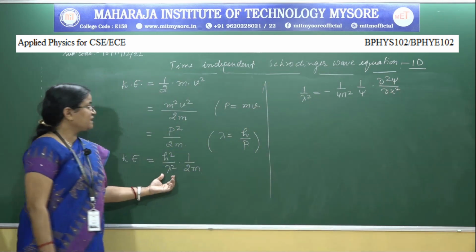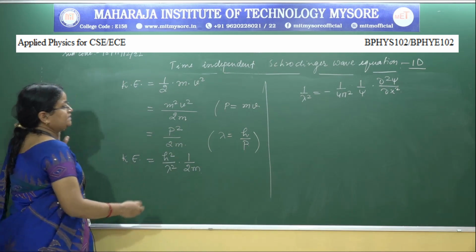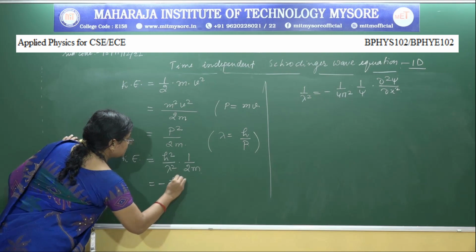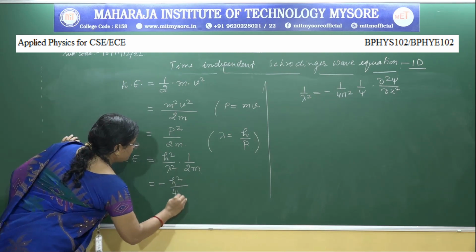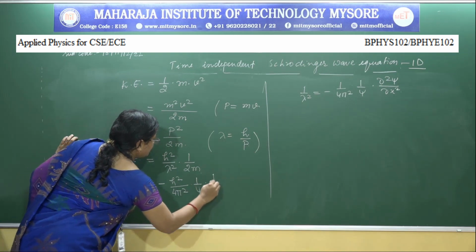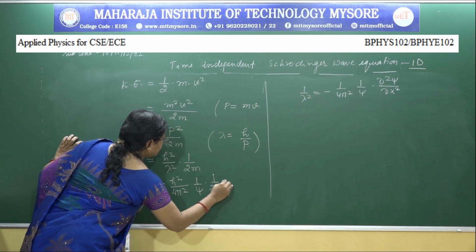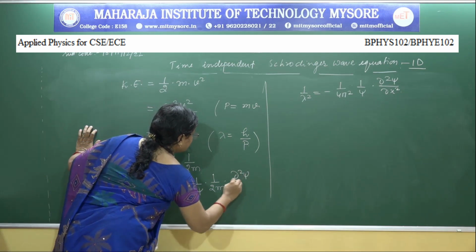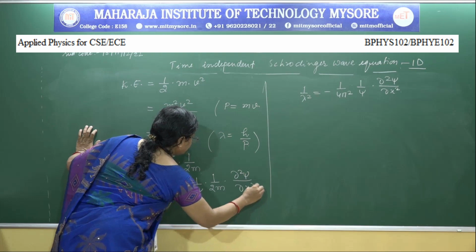So we will substitute the value over here, we will get minus h square by 4 pi square into 1 by psi into 1 by 2m into d2 psi by dx square.